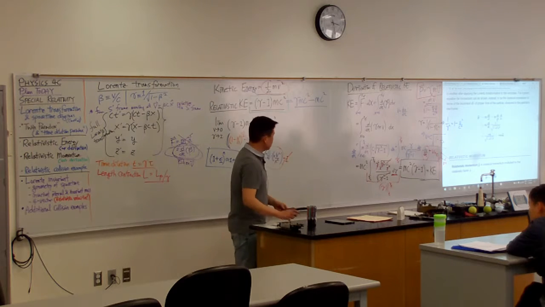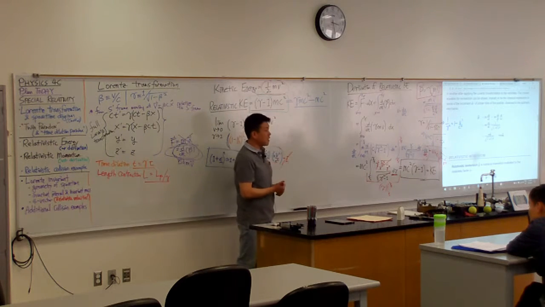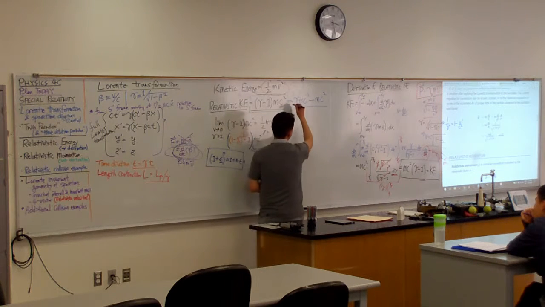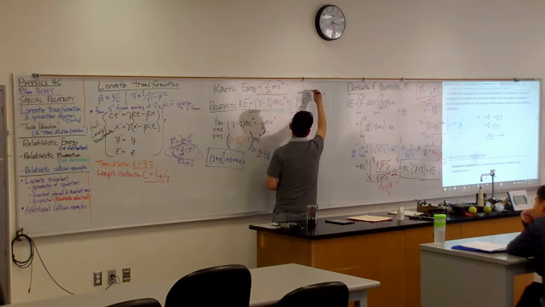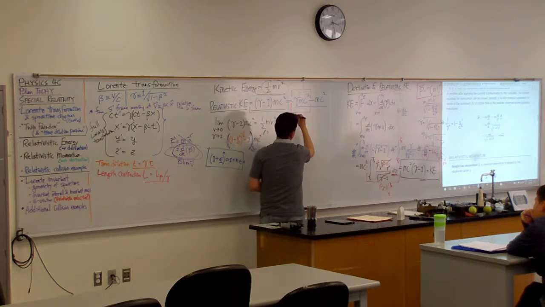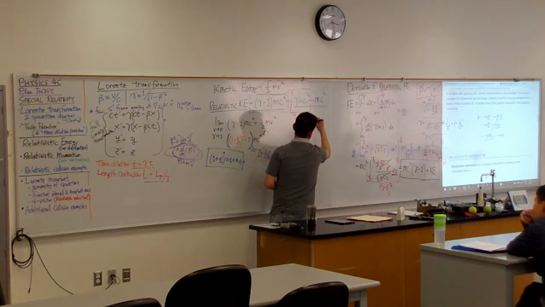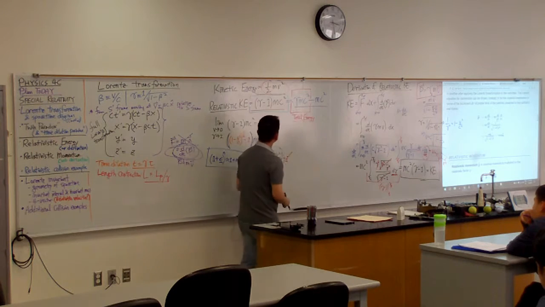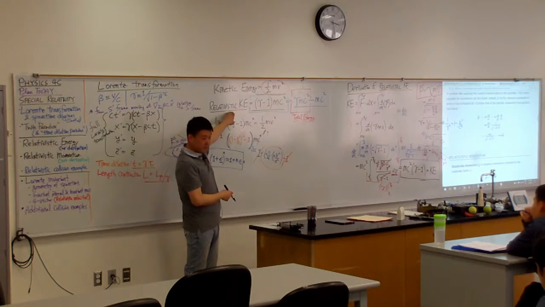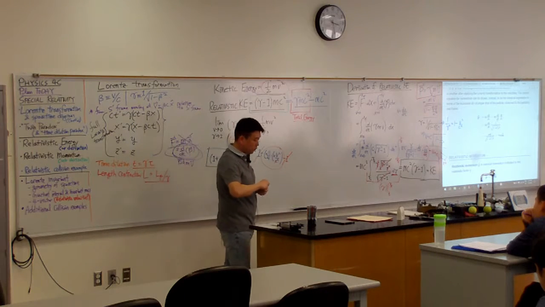But what this form is inviting you to say is that maybe relativistic kinetic energy is not the whole thing. Maybe what we want to call the whole energy is this. This is our total energy. And relativistic kinetic energy is not the whole energy.